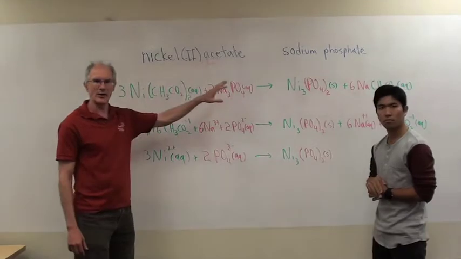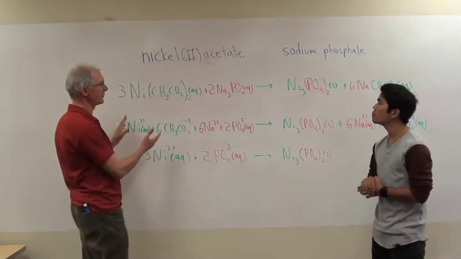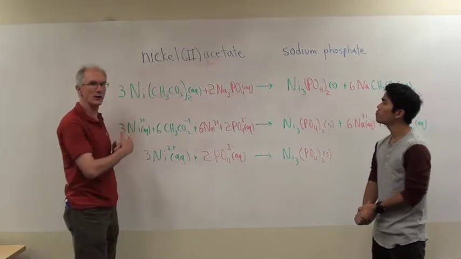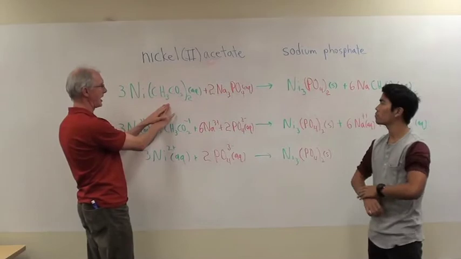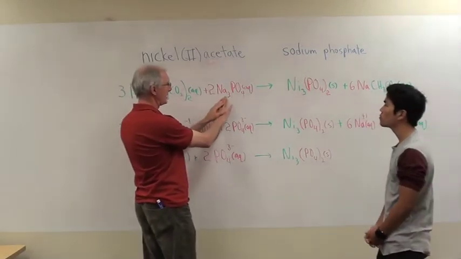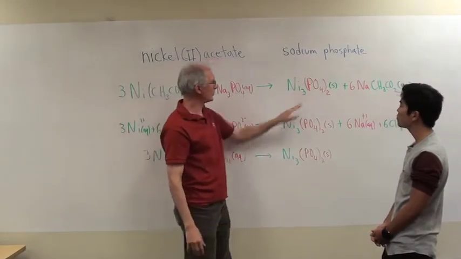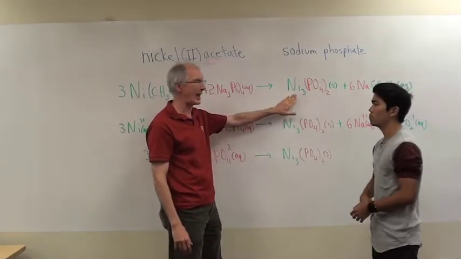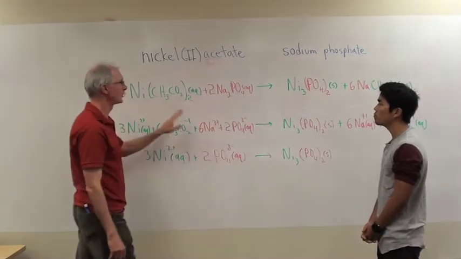Okay, so I've balanced this equation, and you can probably balance it pretty easily. But one of the things you'll notice, so I wrote these in color so that you could kind of see what's happening. So we have a cation and an anion in green, a cation and an anion in red. When these two react, what do we have? Well, we still have a green cation, but its partner is no longer the green anion.